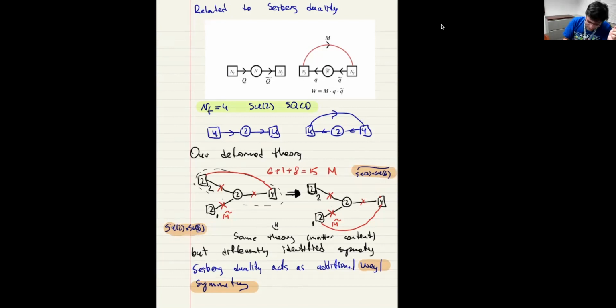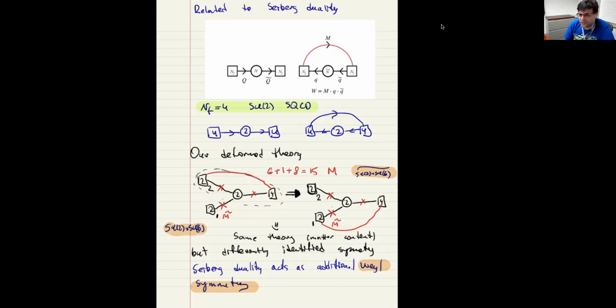If you wish, the Seiberg duality for this theory acts as a kind of non-trivial Weyl transformation on the infrared theory, okay, which is just a symmetry transformation. It's not an interesting transformation. So that was the original motivation to discuss this particular theory, okay, to find emergence of symmetry from Seiberg duality. And a lot of games can be played of this sort, and you can arrive at similar conclusions.